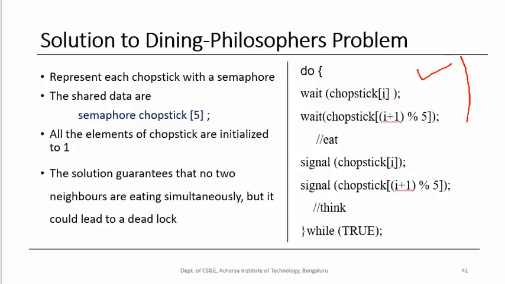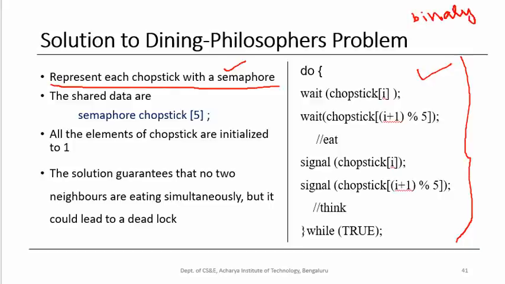Before I explain the solution, assume that each chopstick represents a semaphore. There are 5 chopsticks, so we will have 5 semaphores, and all the semaphores are binary semaphores. That means they can take either 0 or 1 as the value.